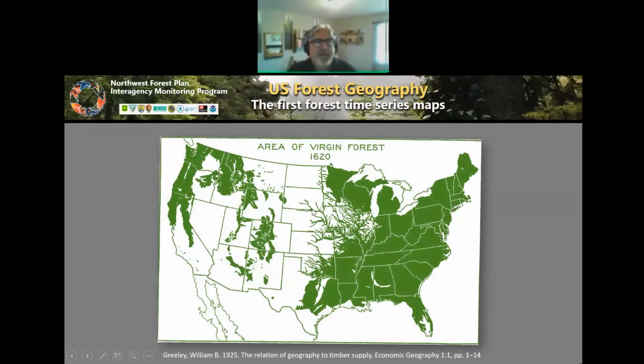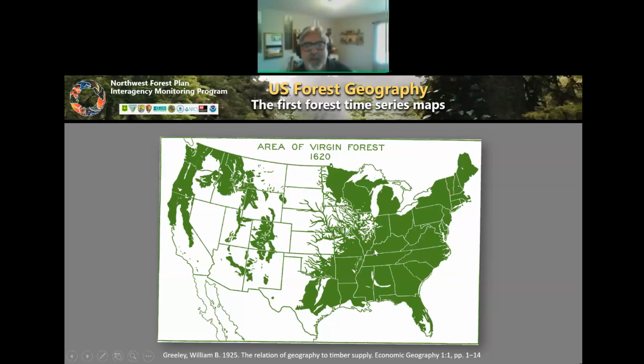These next slides are what I consider the first forest time series maps for the lower 48. These maps were put together by the chief of the Forest Service, William Greeley, back in 1925, way before satellites were orbiting the Earth. The paper he put out was about the relationship between the timber supply in the United States and the geography of where people were settling.